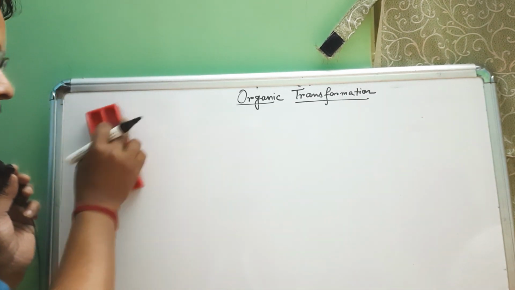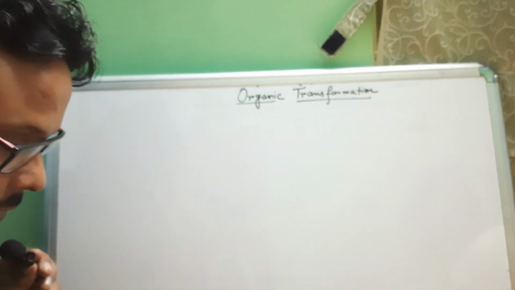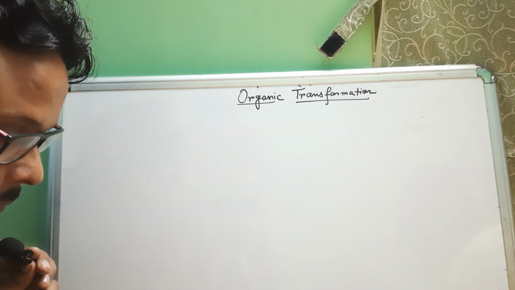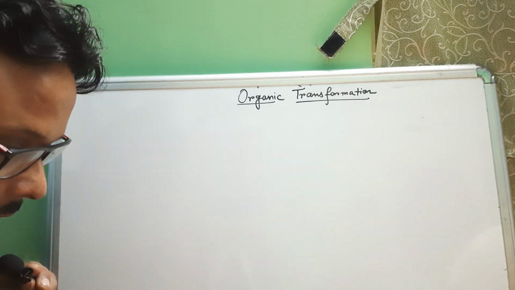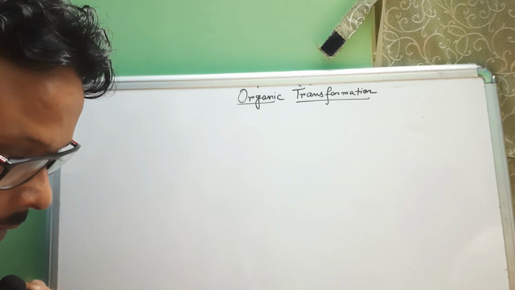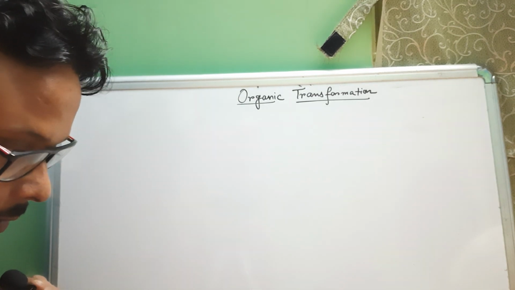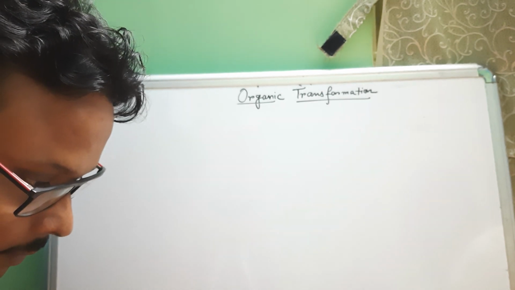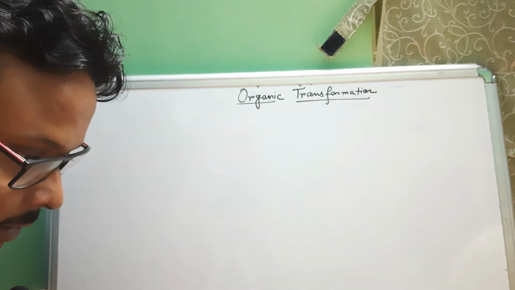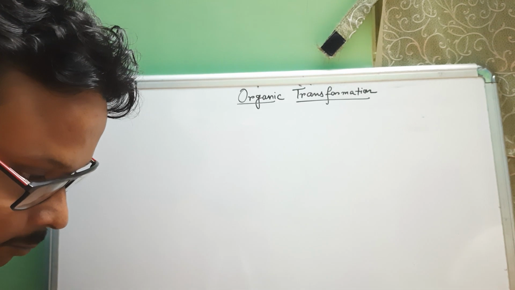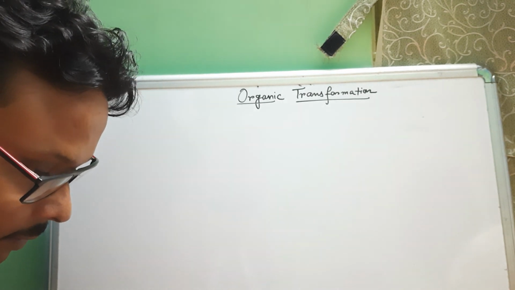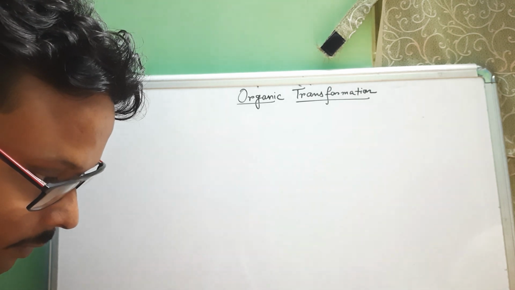Actually, from benzene diazonium chloride, we can synthesize different organic substances, different aromatic substances basically, by means of diazotization. So what are the main reactions?